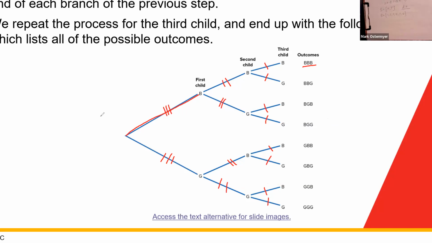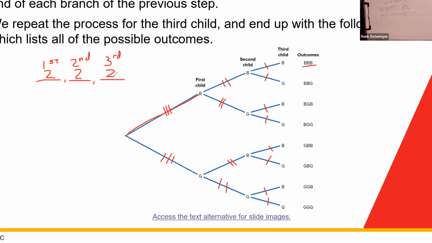Another way of determining how many possible outcomes or arrangements you could have is to think of having 3 empty mailboxes, one for the first child, one for the second child, and one for the third child. How many genders could occupy the first mailbox? There are 2. How many could occupy the second mailbox? Again, there are 2. And the third mailbox?